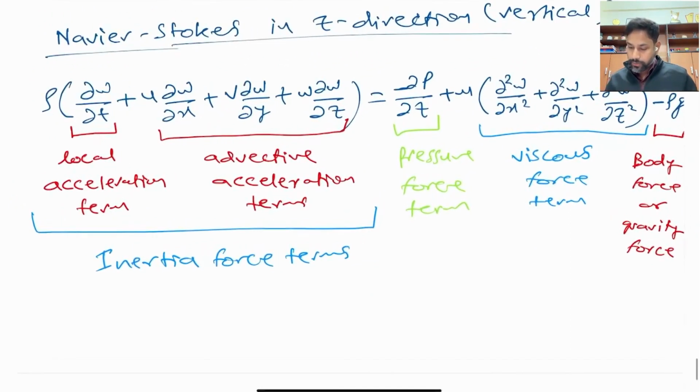So the left hand side is the inertia force, together the local inertia force as well as the advective inertia force. The total inertia force in a fluid body or fluid motion must be equal to the resultant force that comes from the pressure force, viscous force, and the body force or gravity force. Okay, so this is the Navier-Stokes equation in z direction, and obviously we have similar equations in x and y direction.